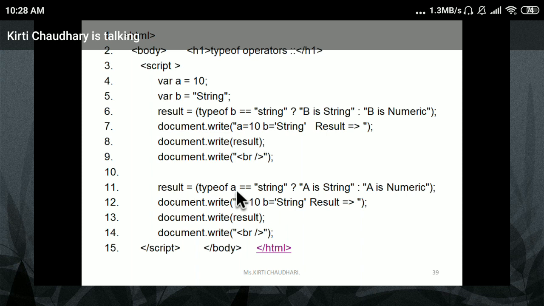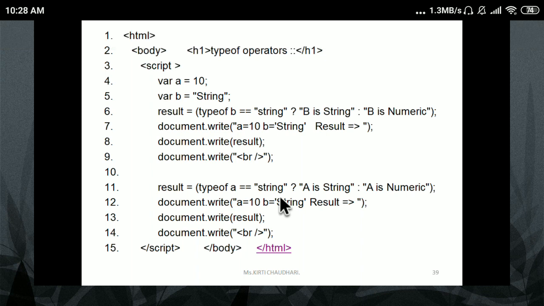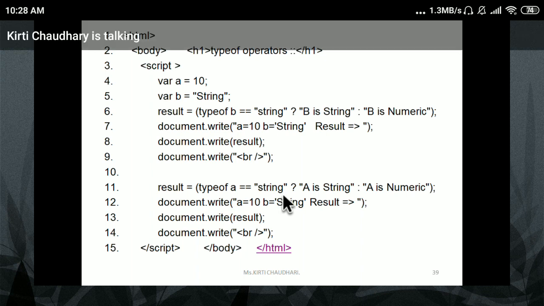A is an integer. So typeof A equal to string? No, it is not a string. It is numeric. So you will get output as numeric. Correct?